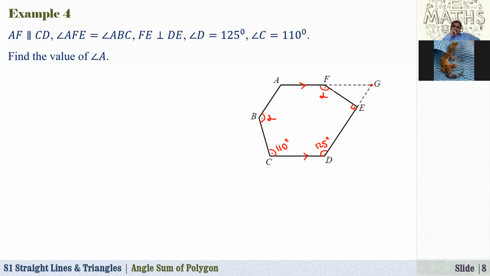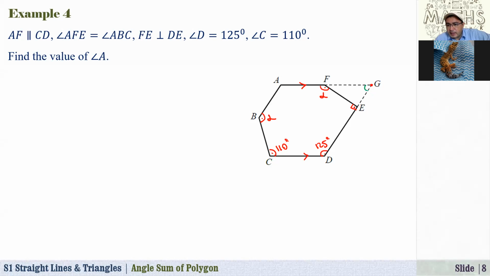Okay, so AF is parallel to CD. Now let me just change the color.